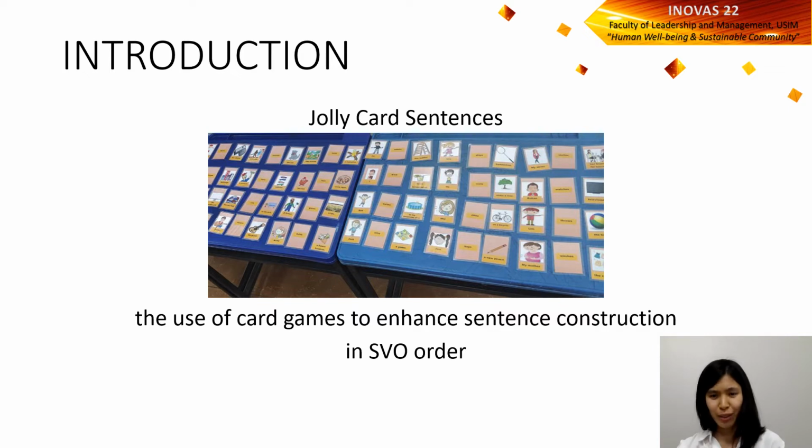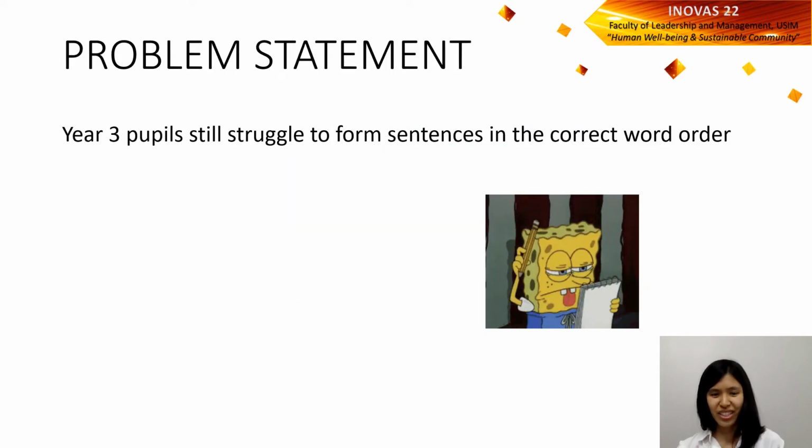Now, you might be wondering why my group decided to focus on sentence construction in SVO order. It's because we found out that the majority of our Year 3 pupils are still struggling to form sentences in the correct word order, even though they have been learning this since Year 1.